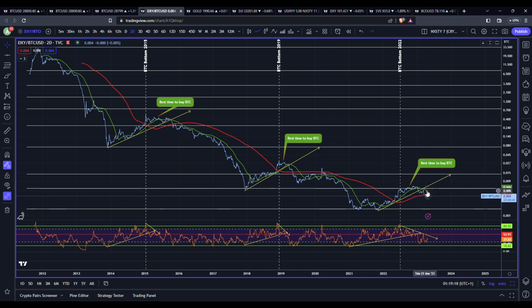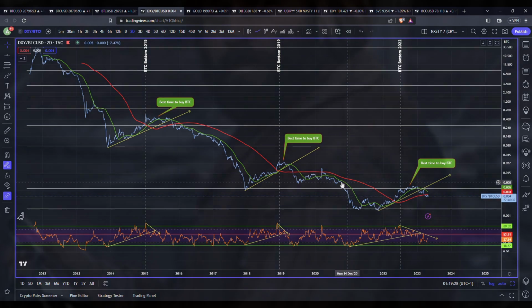By this time after the cross, we can see that the price will be hugging the 50-day while it's continuing to pump.